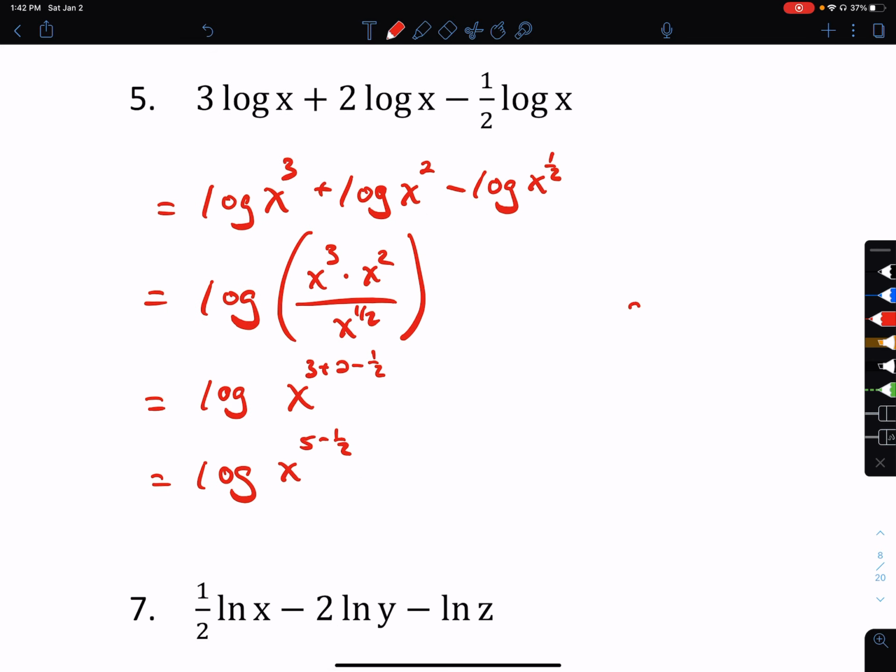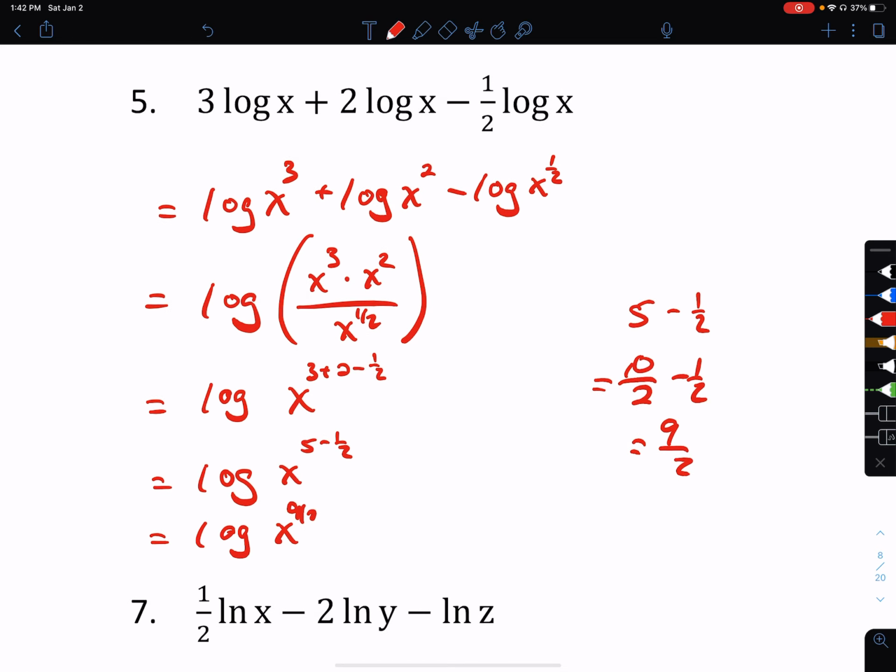And if you want to get common denominators, that would be 10 over 5 minus 1/2. Sorry, that's not right. It would be 10 over 2 minus 1/2. That would be 9 over 2. So this would be common log of x to the 9/2.